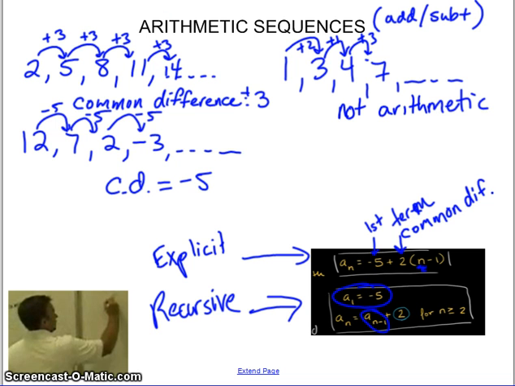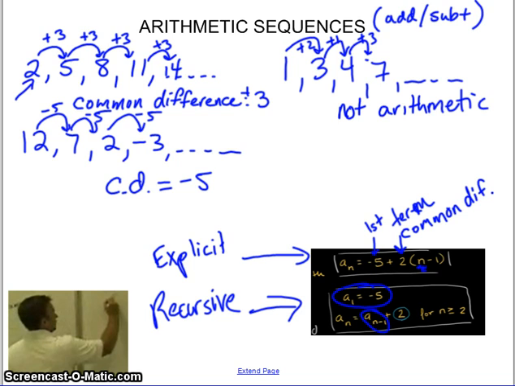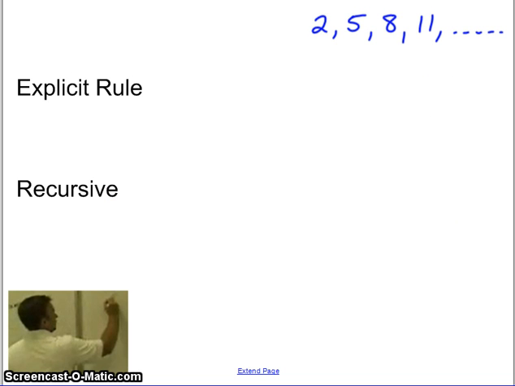Let's look at a couple examples within this video. The first one is our example from the previous slide. Here, the first term is 2, because it's right here, and the common difference is plus 3, which we learned from the last example.